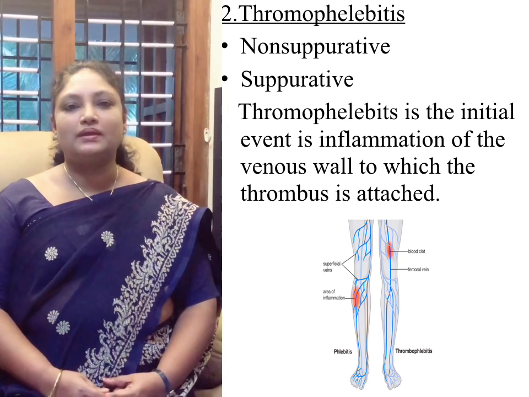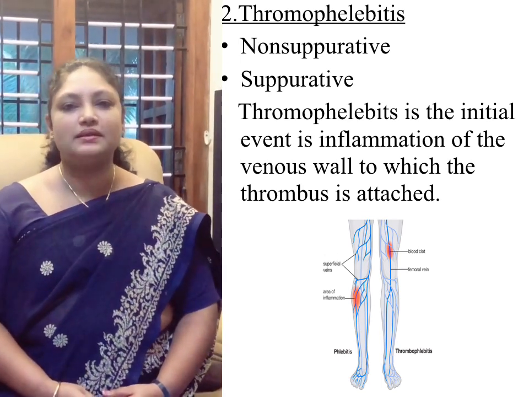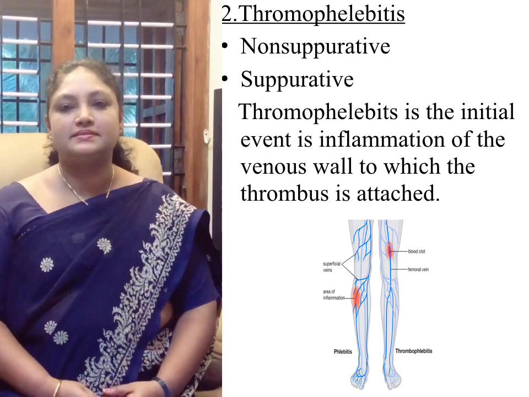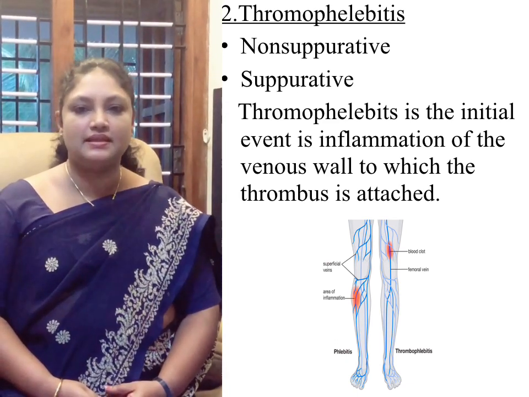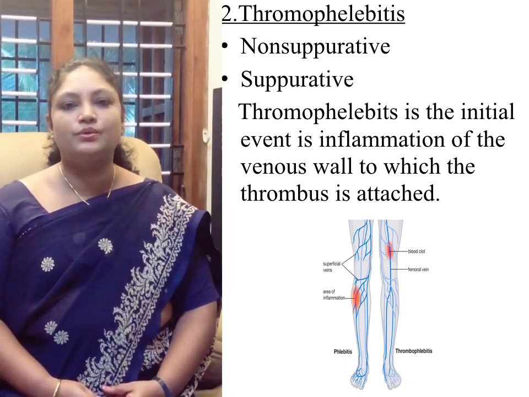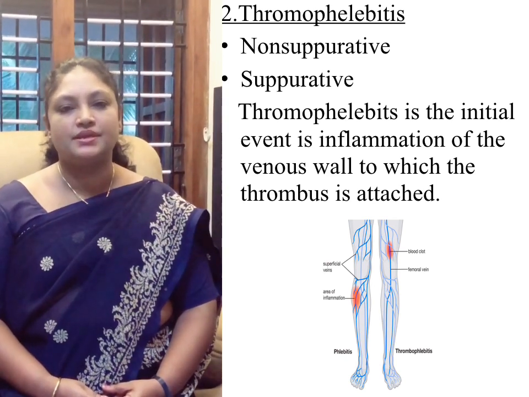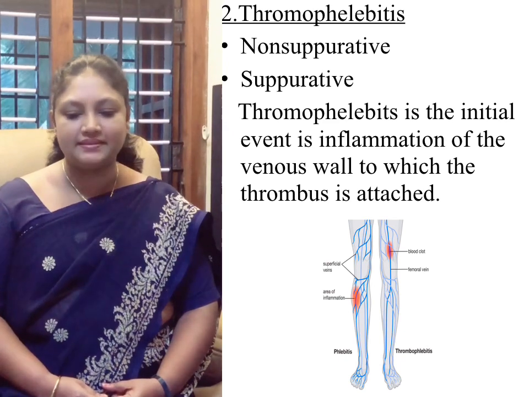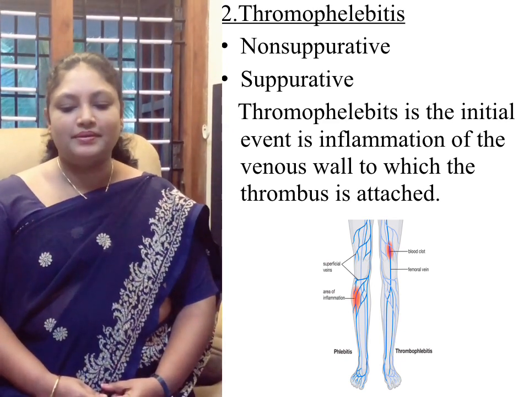And the second one is thrombophlebitis. So what do you understand by thrombophlebitis? Thrombophlebitis is where the initial event is inflammation of the venous wall, to which the thrombus is attached. That is the difference between thrombophlebitis and phlebothrombosis.